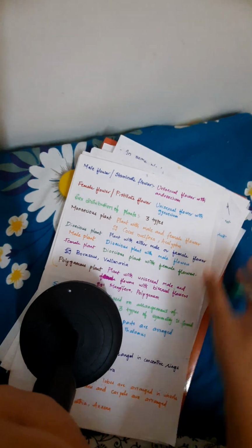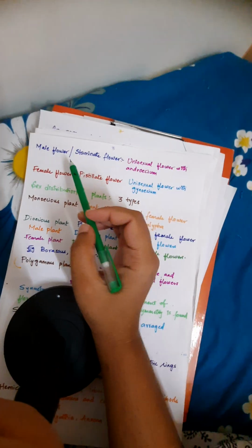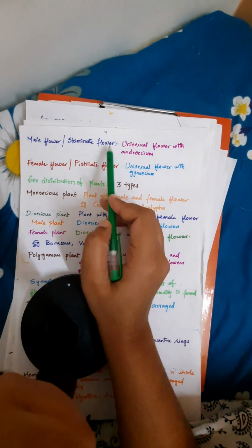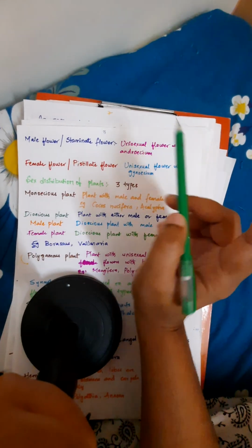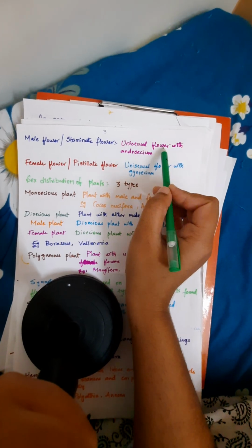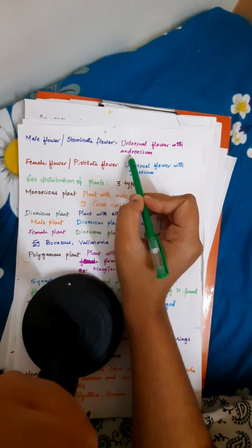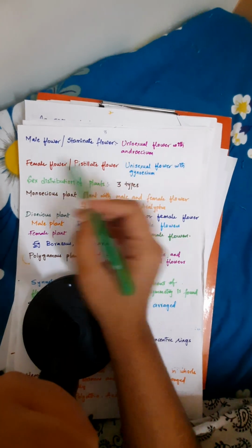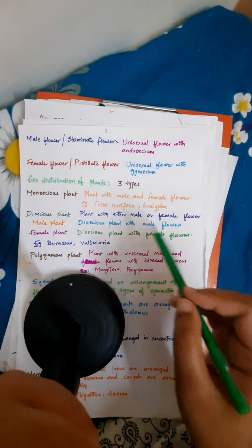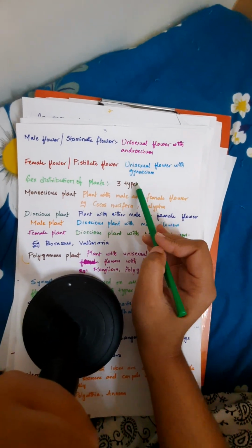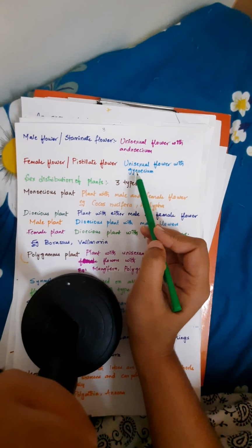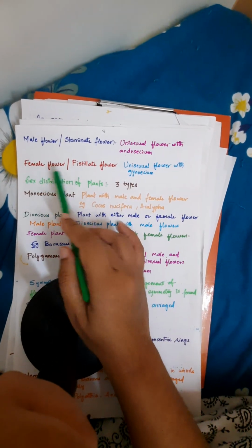Unisexual means containing only one sexual organ. The male flower contains only the androecium, meaning only anthers. Then the female flower, or pistillate flower, is the unisexual flower with gynoecium. Only the female reproductive structure is found in that flower. It is known as the female flower.